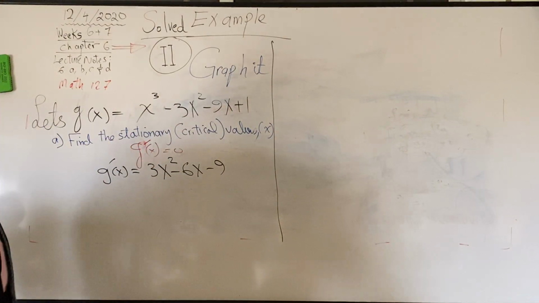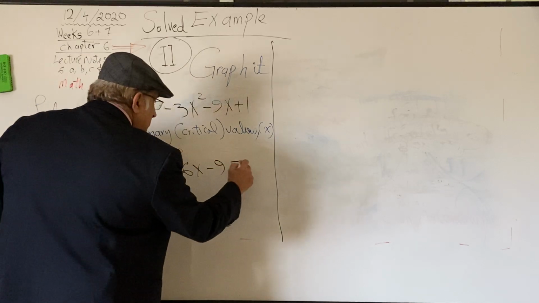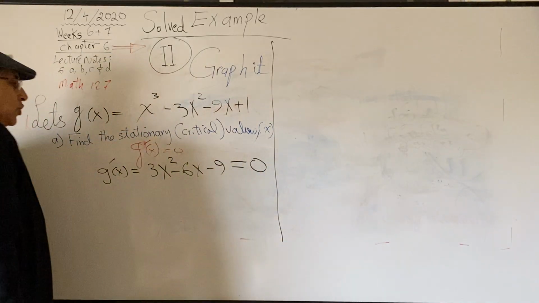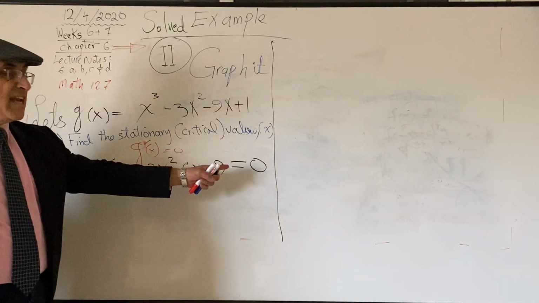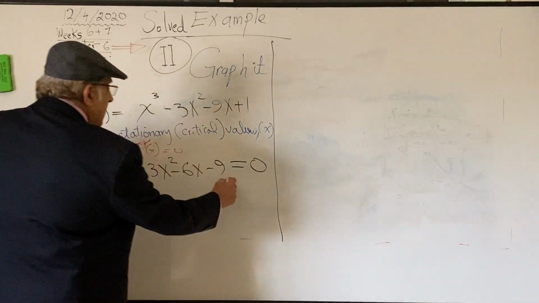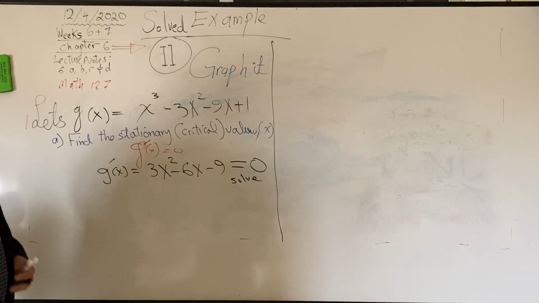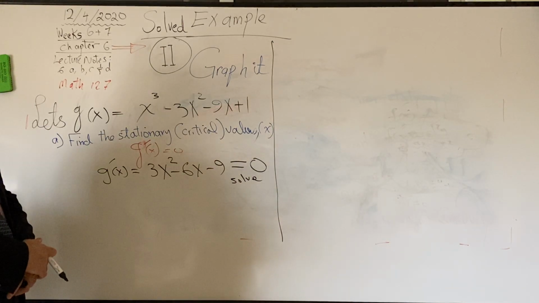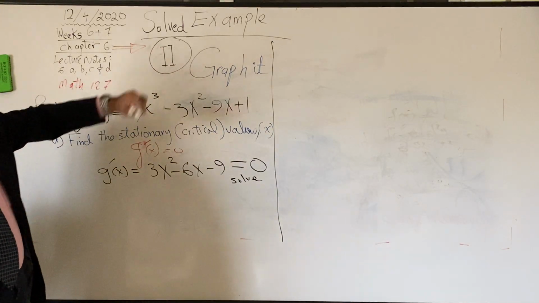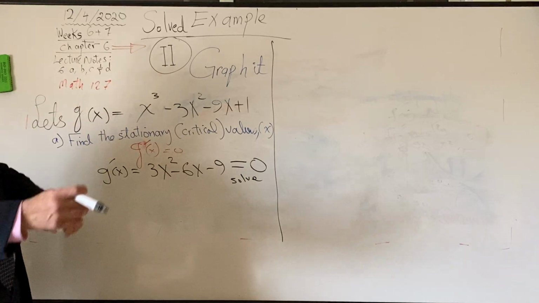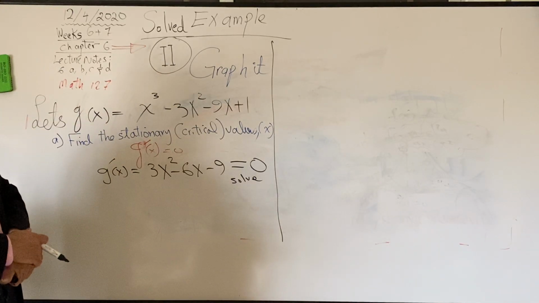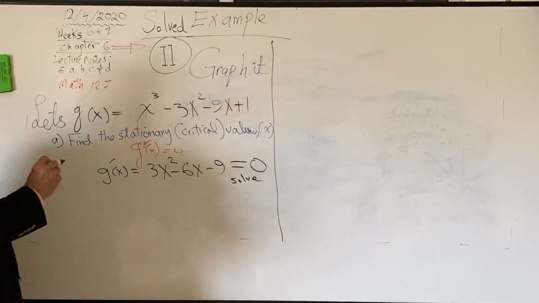Second step, you've got to equal this to 0. When you equal it to 0, this is an equation, and you should be able to solve it. As I said in the earlier lecture, this is lecture number 2 about graphing functions. You have 2 options. In order to solve this equation, I'll remind you quickly.